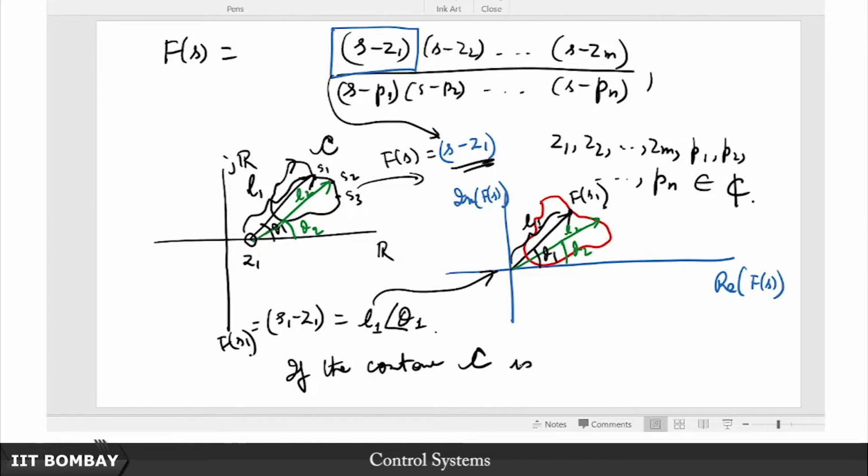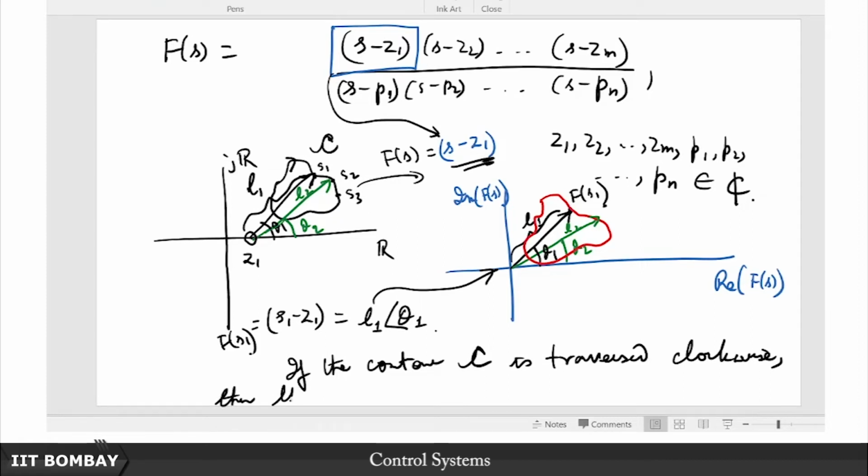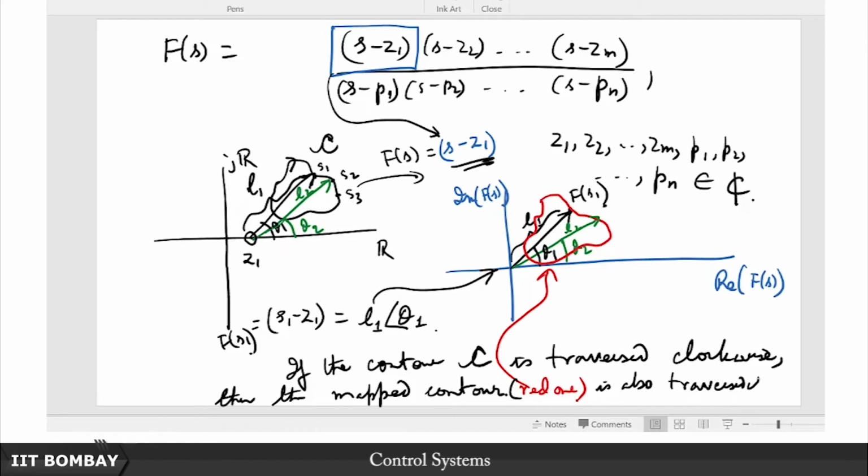It turns out that if the contour C is traversed clockwise, then the mapped contour, which is the red one, is also traversed clockwise.